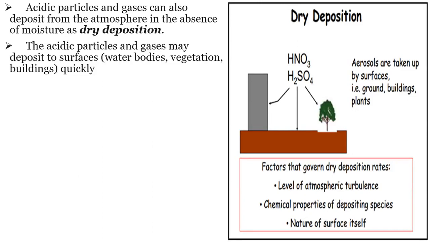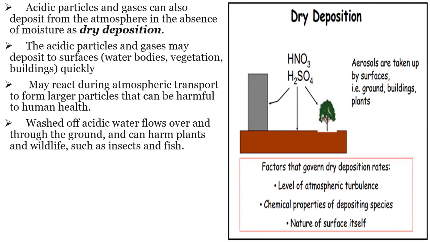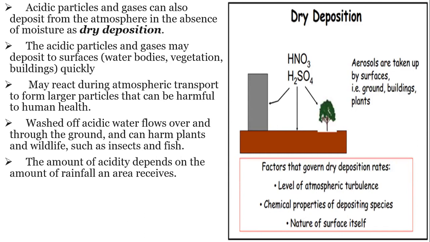Now, the acidic particles and gases may deposit quickly on surfaces like water bodies, vegetation, and buildings, or may react during atmospheric transport to form larger particles that can be harmful to human health. When the accumulated acids are washed off a surface by the next rain, this acidic water flows over and through the ground and can harm plants and wildlife, such as insects and fish.